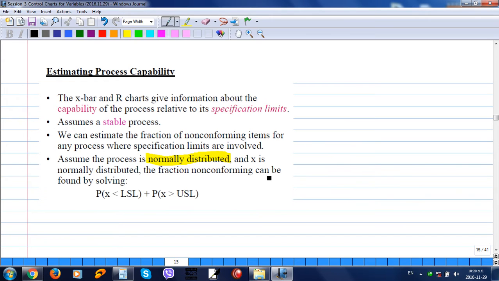The fraction non-conforming can be found using this equation: P(x less than lower specification limit), that is not control limit, that is a specification limit. When you are doing the example, you can understand. Plus P(x greater than upper specification limit), USL not UCL, that is not control limit, that's a specification limit.